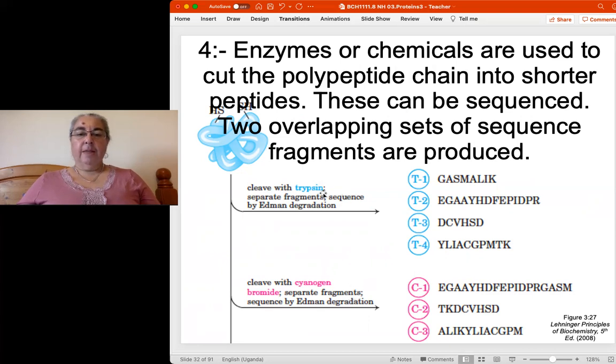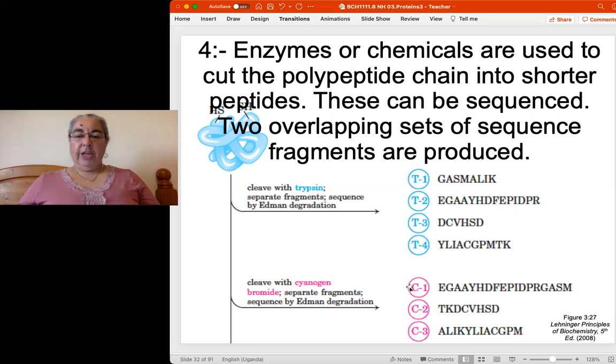Okay, so trypsin cuts it into 4 different fragments here called T for trypsin 1, 2, 3, and 4. And then we can find out the sequence within each of those short pieces of polypeptide using Edman degradation. I'm going to talk about that in a minute.